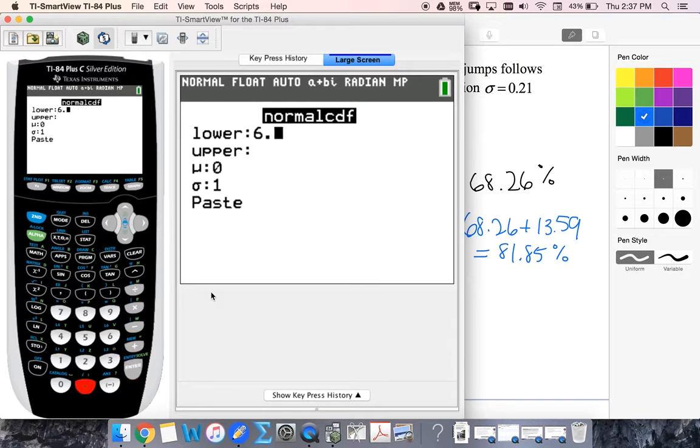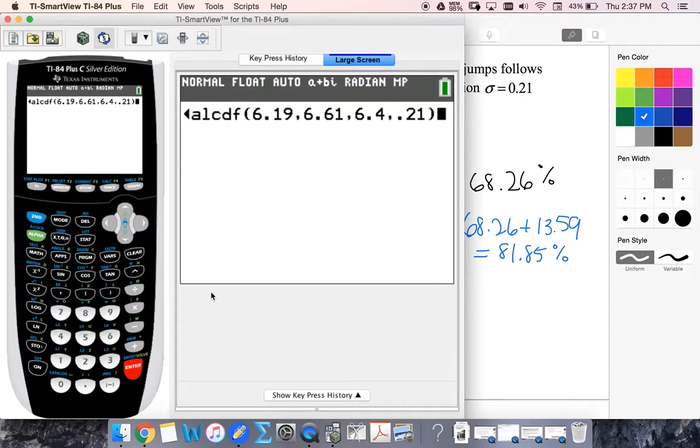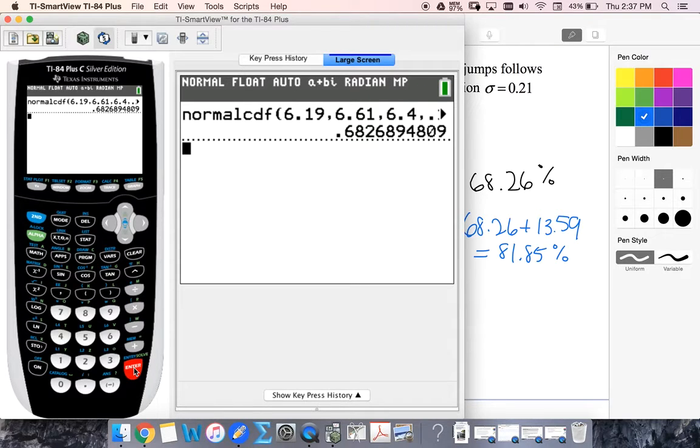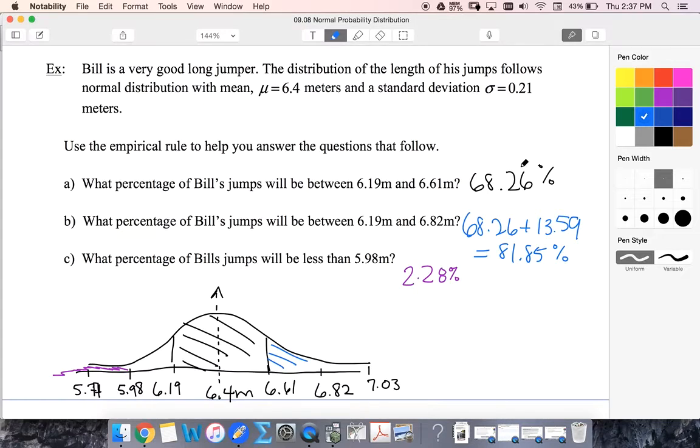So 6.19, 6.61, our mean, 6.4, and 0.21 was our standard deviation. If your calculator didn't look like my previous screen, when you hit norm CDF, you're just going to get an open parenthesis. You're going to put in the same four values separated with commas. All right, 68.26%, exactly the same as what we got.